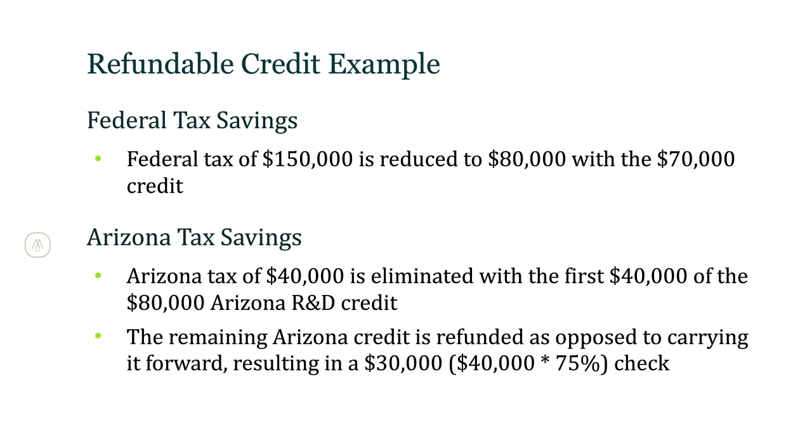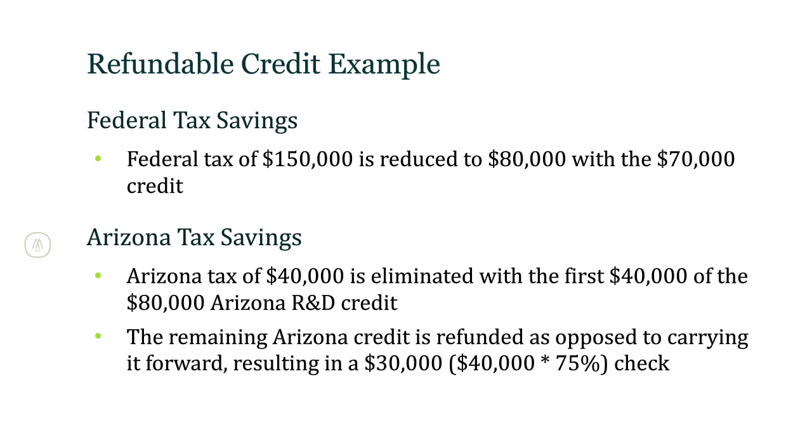And this is where the refundable credit comes in. If you were to go through the process, make the selection, and successfully get approved for this, you would essentially receive a check back of $30,000, which is 75% of that excess credit of $40,000.